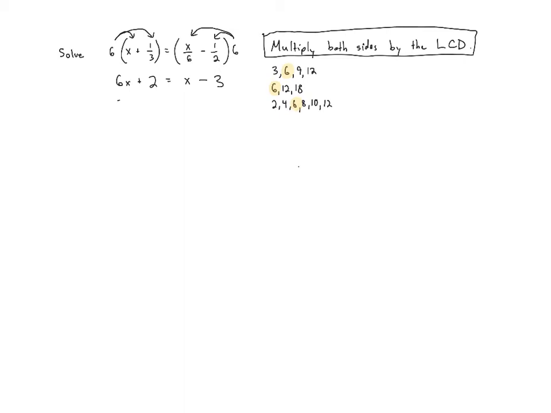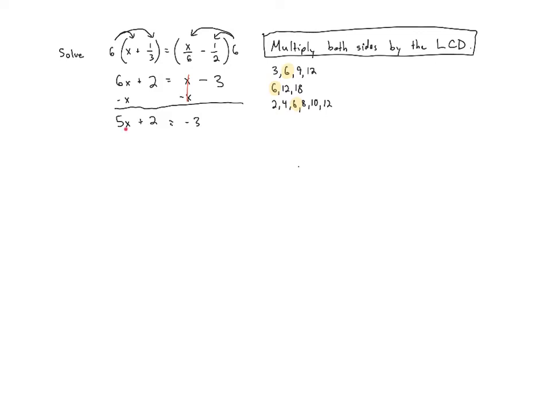We can do this by subtracting x from both sides, because when we do that, on the right-hand side, the x's are going to cancel, and we're left with just negative 3. On the left-hand side, 6x minus x is 5x, and we also have that plus 2. And so by subtracting x on both sides, we end up with 5x plus 2 equals negative 3.